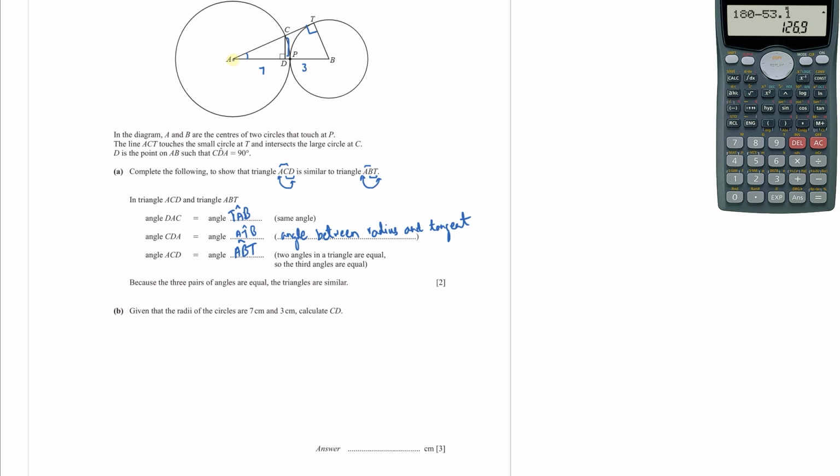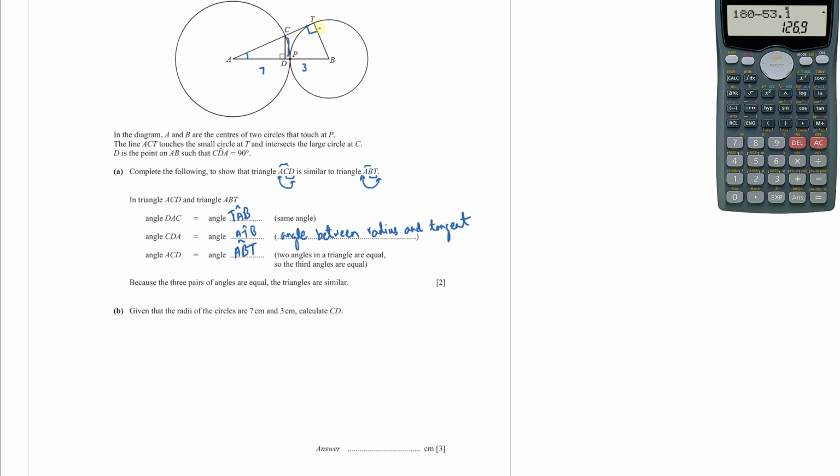So the circles are 7 and 3. Calculate CD. So you have to calculate this side here.